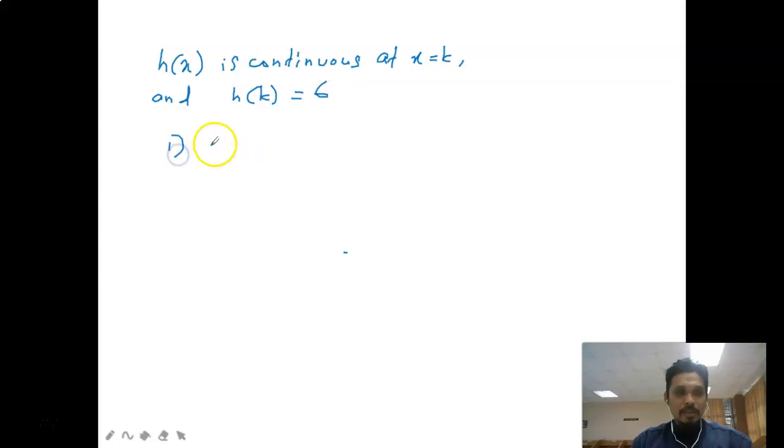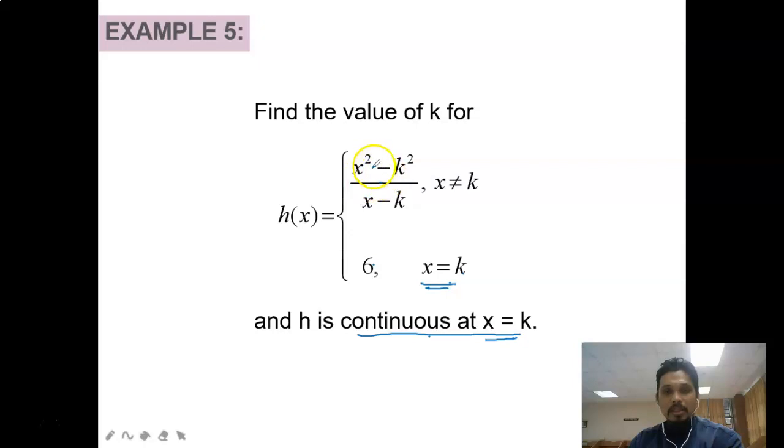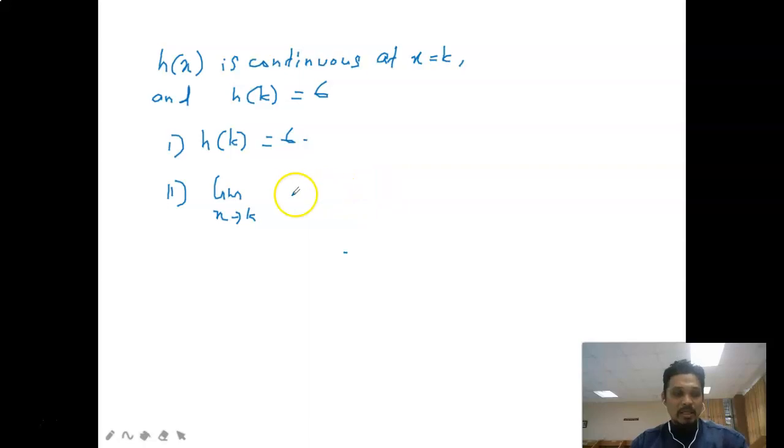Okay, h(k) equal to 6. Then the second part here is the limit x approaching k of x squared minus k squared divided by x minus k.